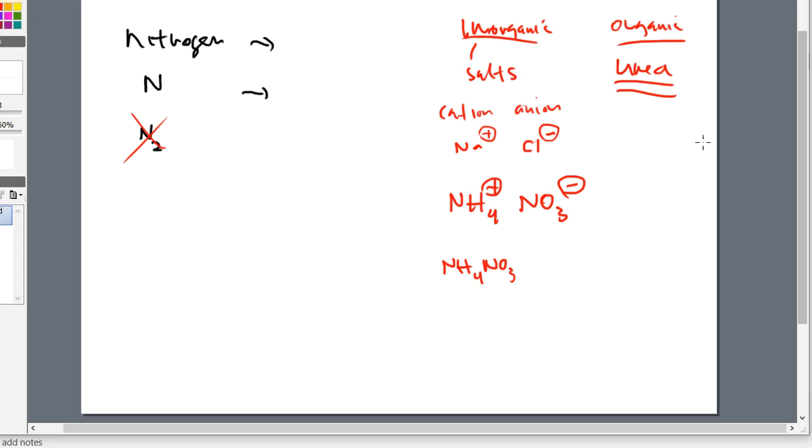So this is organic. So what this means is that it is not necessarily going off of the cation and anion play. This works a little different. It's not really deemed a salt. It's not really involving a cation and an anion that comes together.